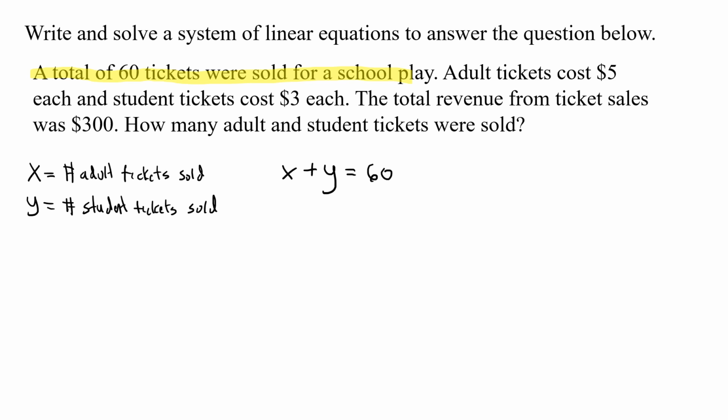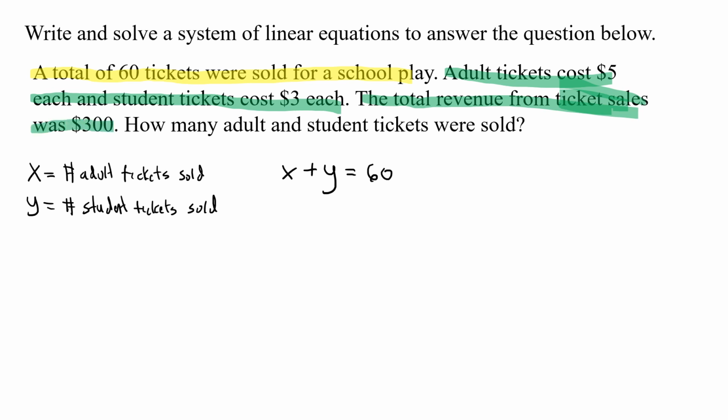Okay, and the other piece of information we know is that adult tickets cost $5 each. Student tickets cost $3. We know that the total revenue from ticket sales for this play was $300.